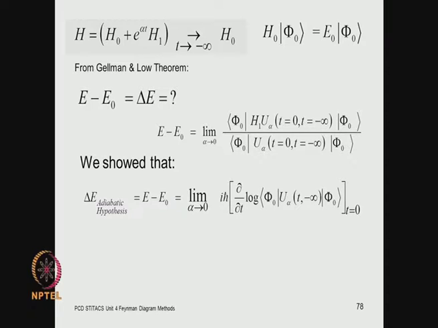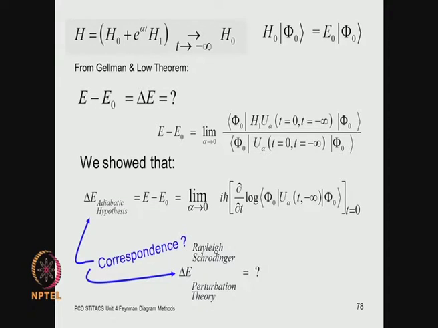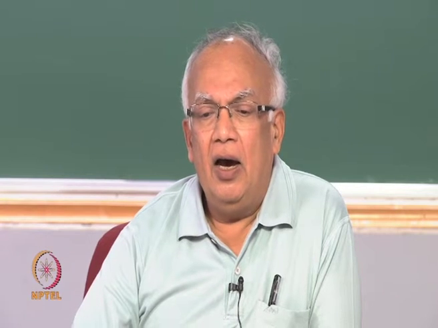So, these are some of the things that we did in our previous classes, and the question that we had raised is, what would be the correspondence of the delta E correction that we get from the adiabatic hypothesis with the corresponding correction from the Rayleigh-Schrodinger perturbation theory, which is our usual idea of getting corrections when we are not able to solve a quantum mechanical problem fully.